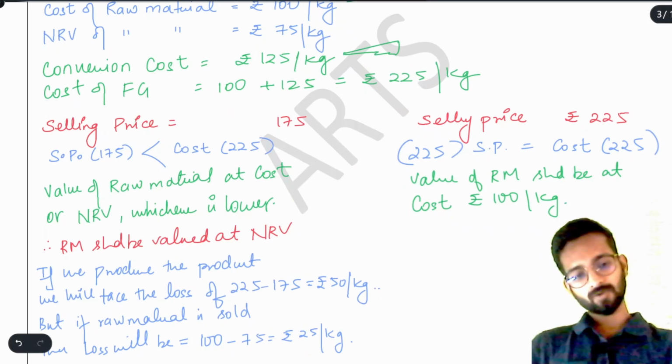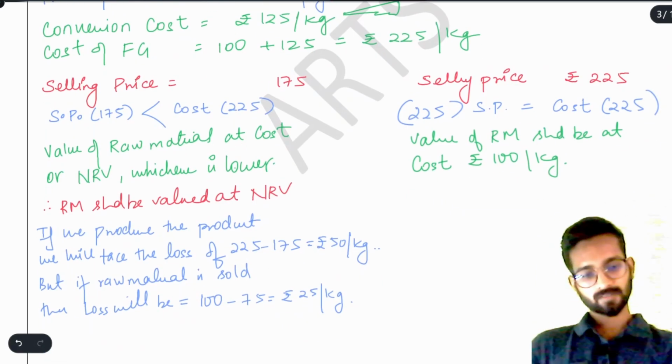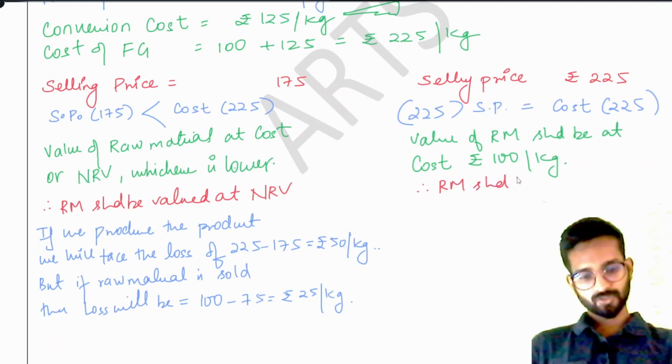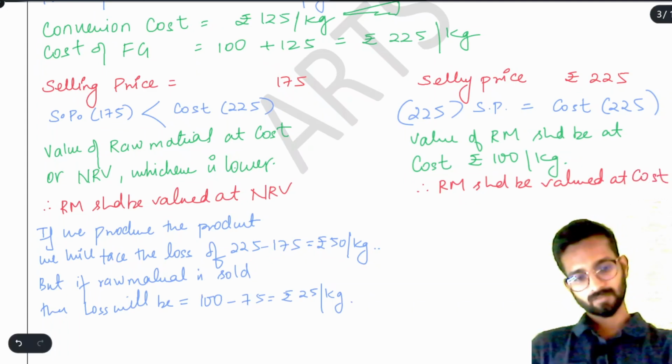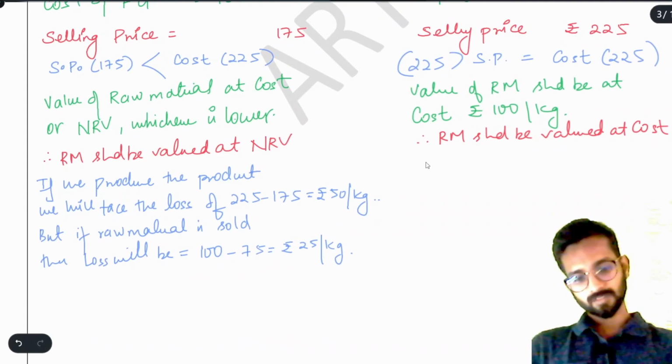Okay. Now see why we are saying this. First I will write this line, therefore RM should be valued at cost. Why?